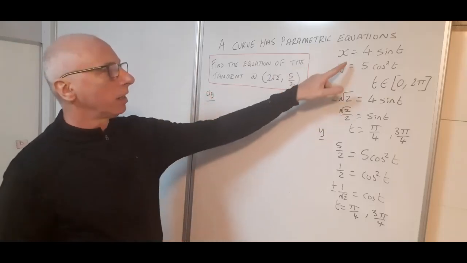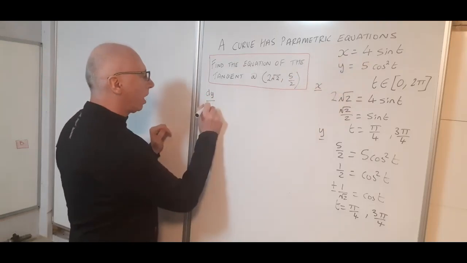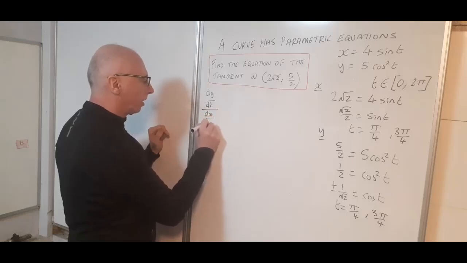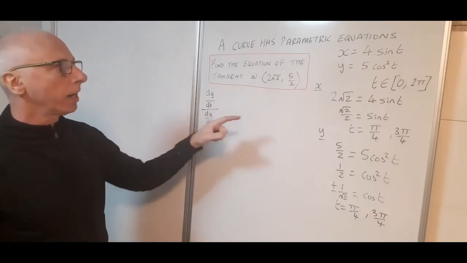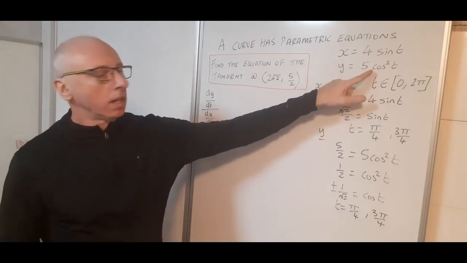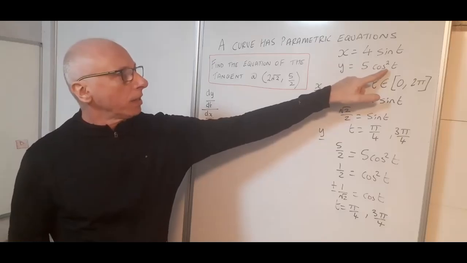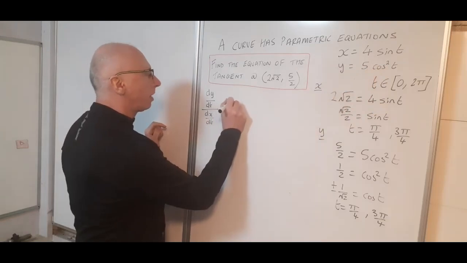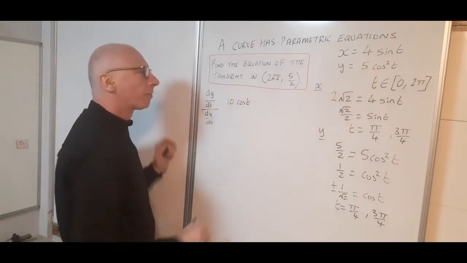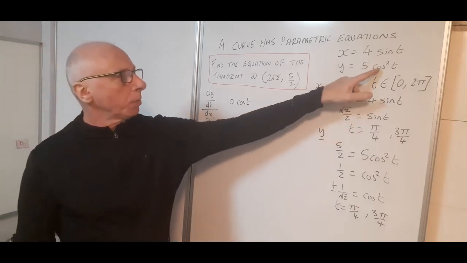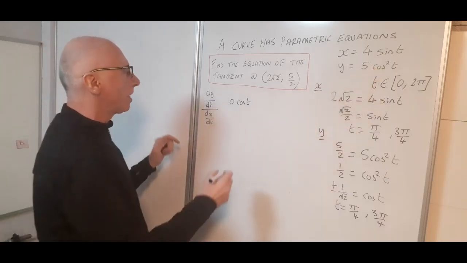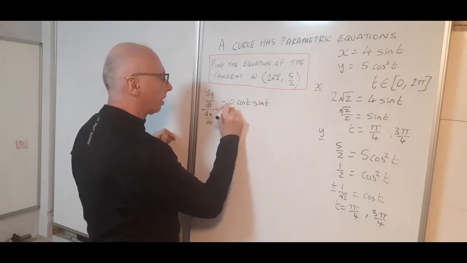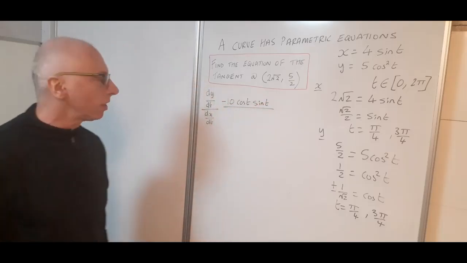As my equations are in terms of t, I need dy/dt divided by dx/dt. So dy/dt, the derivative of 5 cosine squared t, will be, bring the 2 to the front by the chain rule, 10 cosine t. And then by the chain rule I need to multiply by the derivative of cosine, which is negative sine t. So that's okay for the dy/dt.